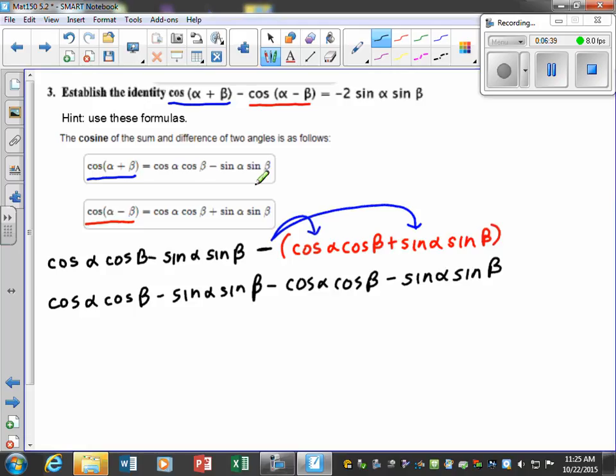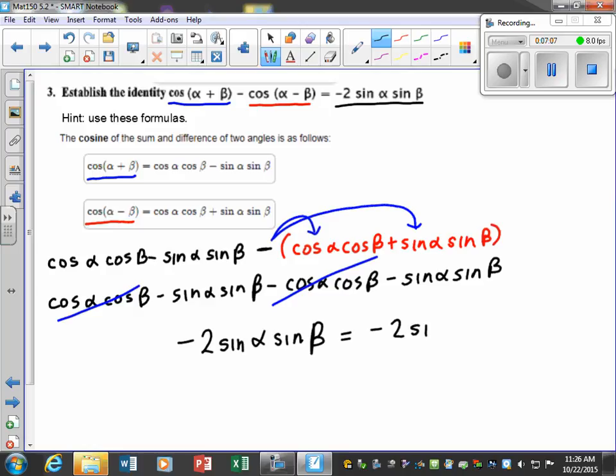We can see that cosine alpha cosine beta minus cosine alpha cosine beta cancels. We're left with negative sine alpha sine beta, negative sine alpha sine beta, so this simplifies to negative 2 sine alpha sine beta, which is equal to our right-hand side, and therefore we've established that this is true.